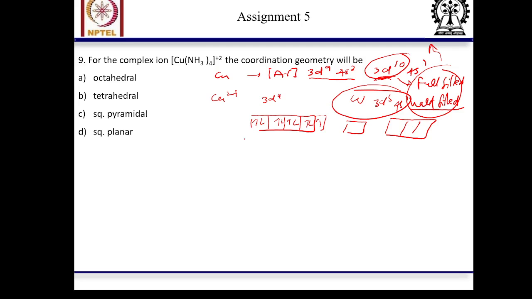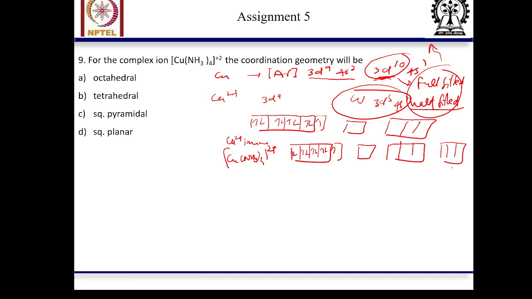If we have Cu2+ ion in Cu(NH3)4 2+, then we have S, then it will take P2 and then D. So this is sp2d.